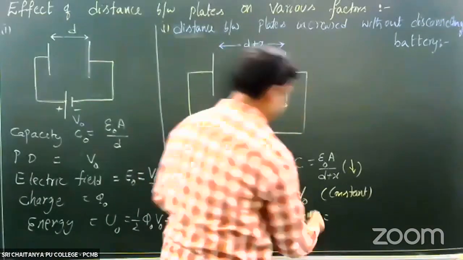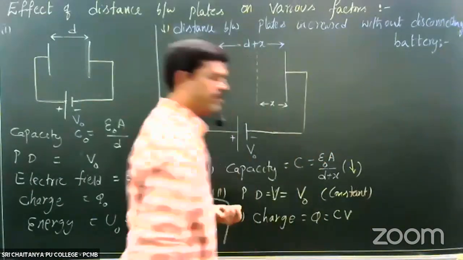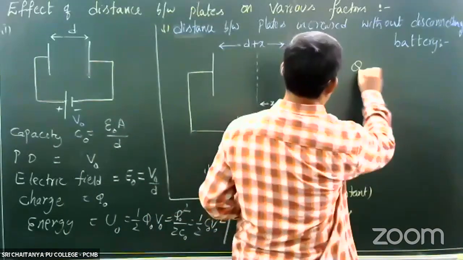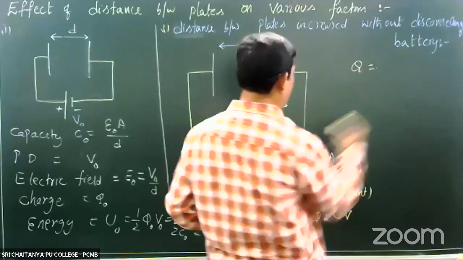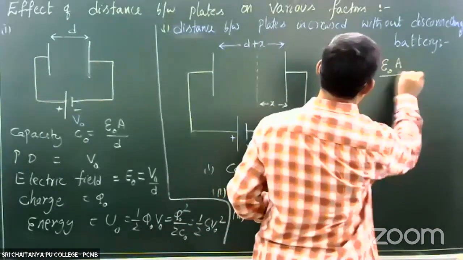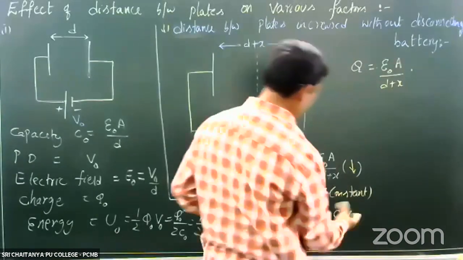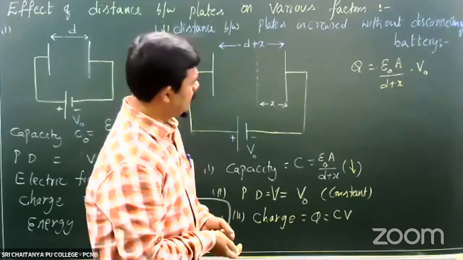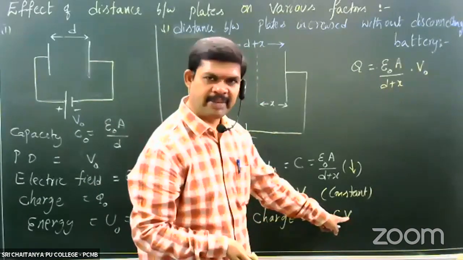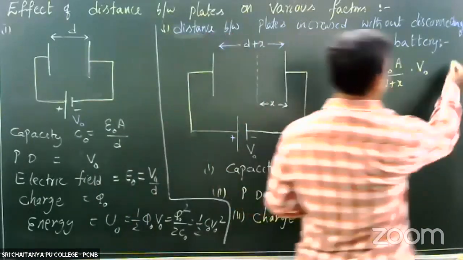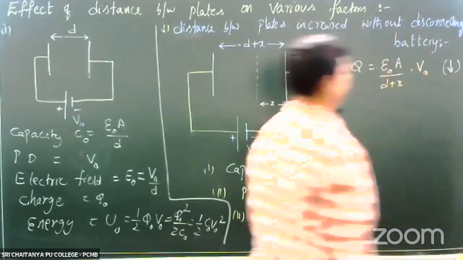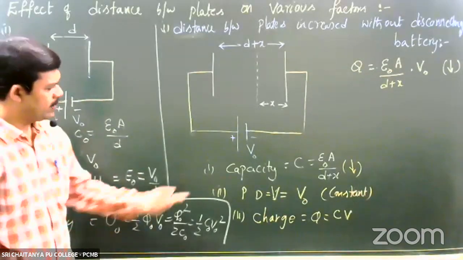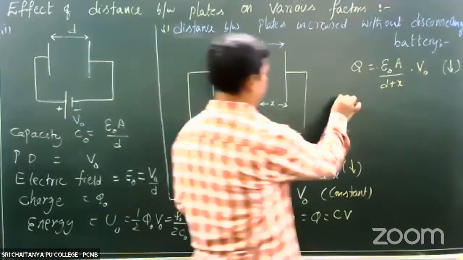Q is equal to CV, yes or no? Q equals C V naught. C is decreased, V naught remains constant, so Q decreases.